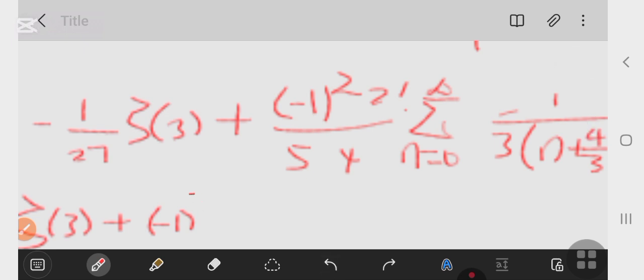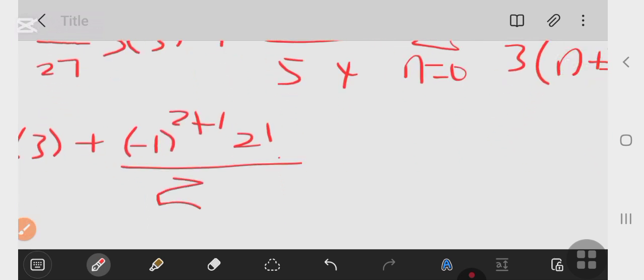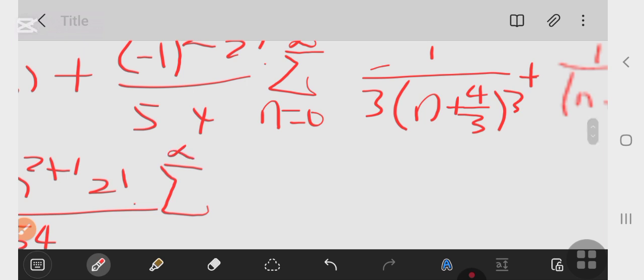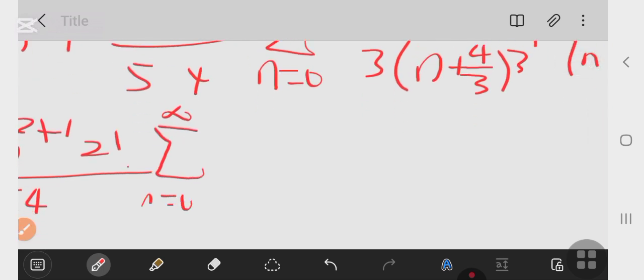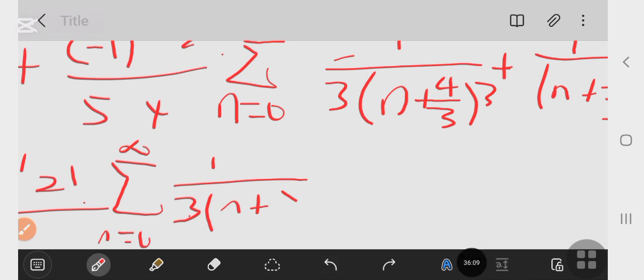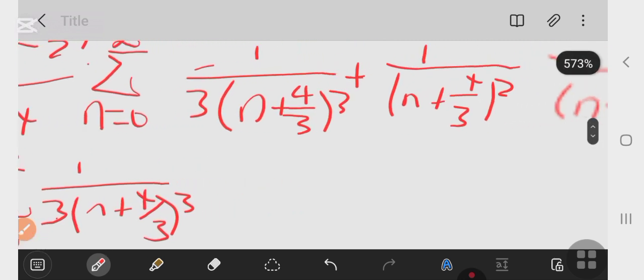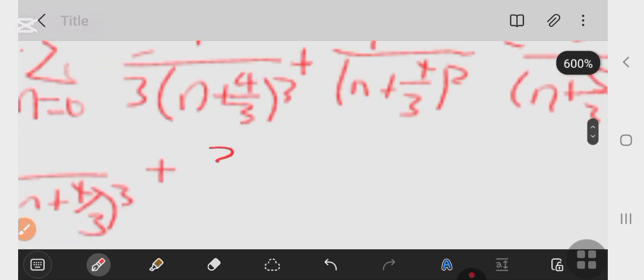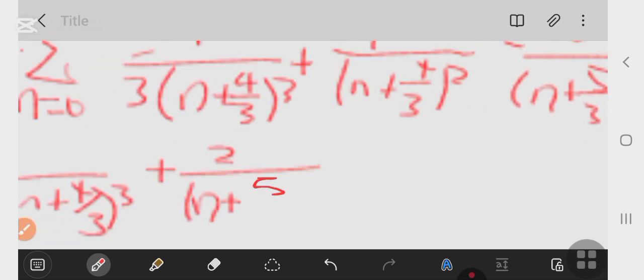Then this is 2 plus 1 times 2 factorial, all dividing 54, all into its sum of n from 0, and for the other one I have 1 over 3 multiplying n plus 4 over 3 cube plus 2 divided by n plus 5 over 3 cube.